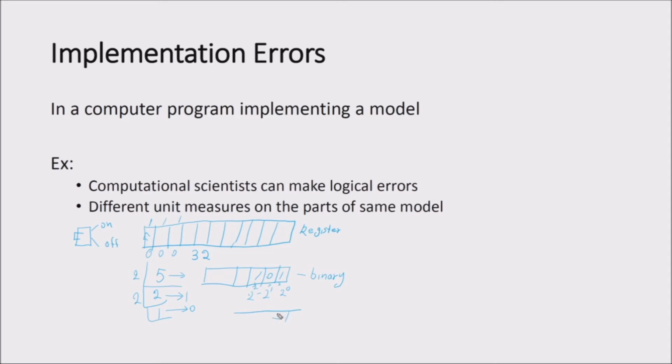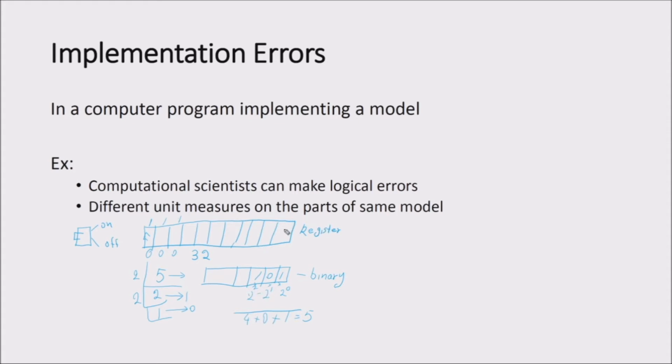And then plus 2 to the power 1, the value is 2, multiplied by 0 is 0, and 2 to the power 2 is 4, multiplied by 1 is 4, right? So this answer here is 5. So that is how you get it back. This is how we store it, this is how we get it back. Okay, so whenever you want to store any number, this is the way you can store.